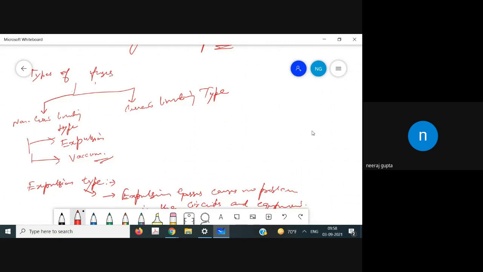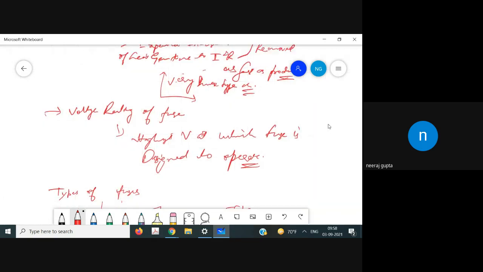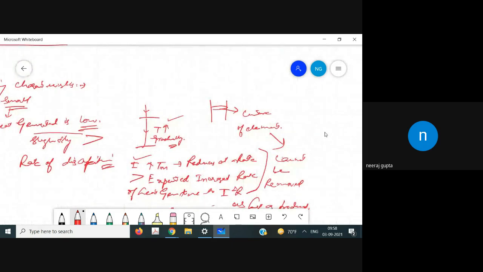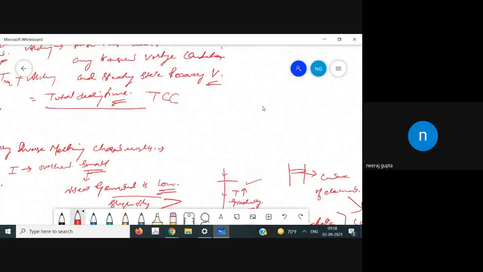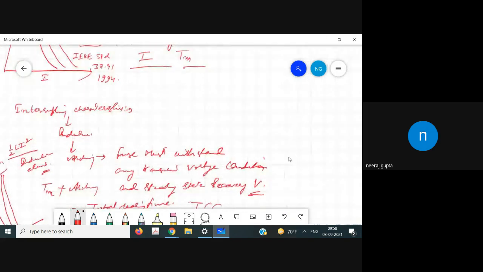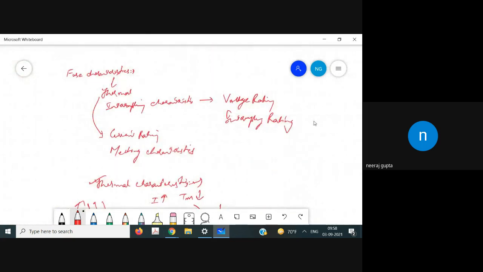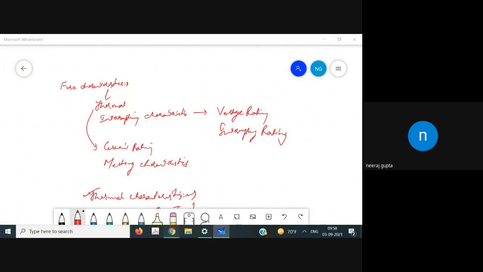Expulsion and vacuum are based on the idea of deionization of a particular area, and current limiting is based on the idea of increasing the resistance by decreasing the cross-sectional area while using some material. We also discussed how very inverse type characteristics can be obtained in the case of a fuse. Then we discussed the interrupting characteristics and the thermal characteristics also in that very case.